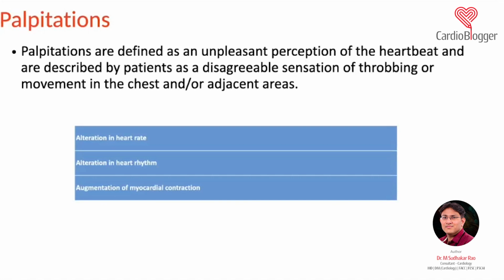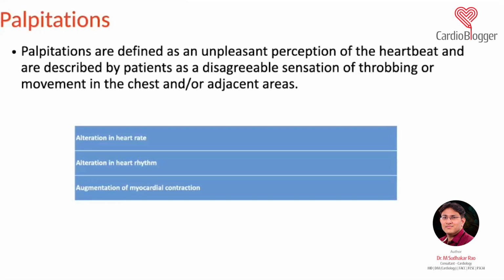Now, there are various mechanisms. There are three important mechanisms. First is alteration in heart rate, like tachycardia, SVT, VT, where the heart rate increases and that is perceived as a palpitation. Second is alteration in the rhythm. Now, the patient doesn't have a high heart rate but has an abnormal rhythm like atrial fibrillation or a ventricular ectopic beat. In the ventricular ectopic, it is the post-pause, compensatory pause. In that time, the LV end diastolic volume increases and the dimension increases and the LV contracts.